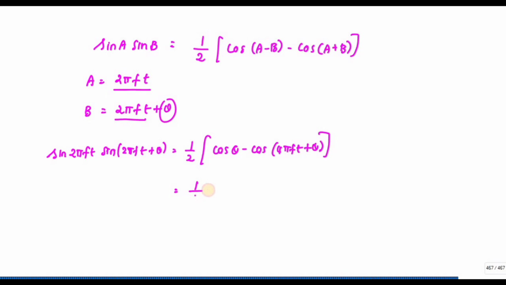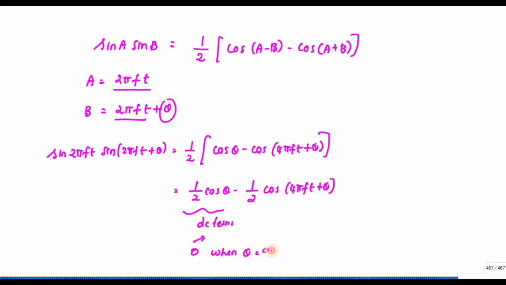So this is nothing but 1 by 2 of cos theta minus 1 by 2 of cos 4 pi t plus theta. Here the first term is a DC term. This DC term will become 0 when theta is equal to 90 degrees, right?